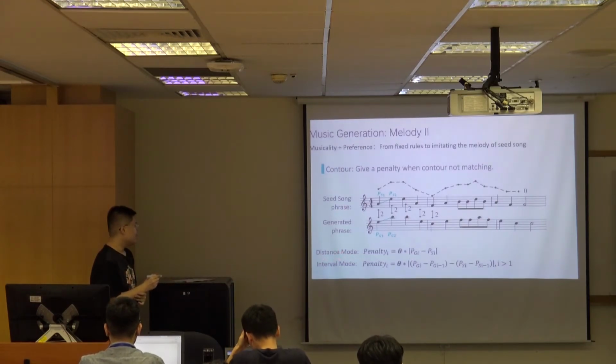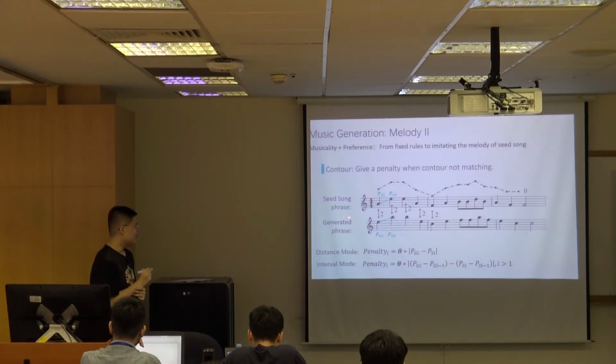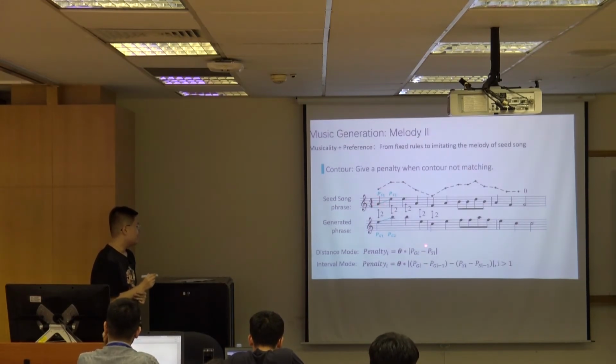In distance mode, the penalty of a note is the difference between the note in the generated melody and the corresponding note of the seed song melody. And in interval mode, the penalty of a note is the difference between two consecutive notes in the generated melody minus the difference between two consecutive notes in the seed song melody. And that's how we calculate the penalties of the contour similarity.